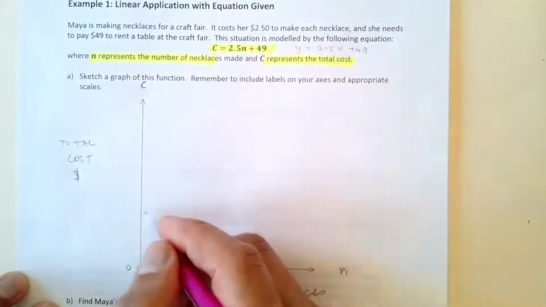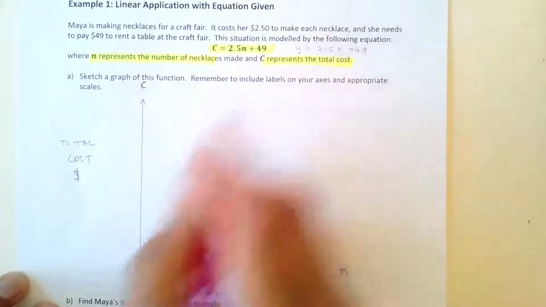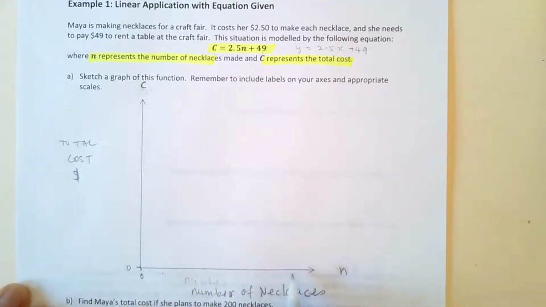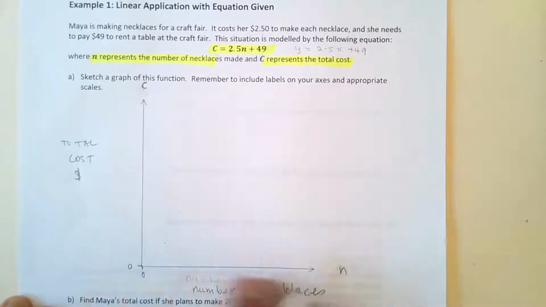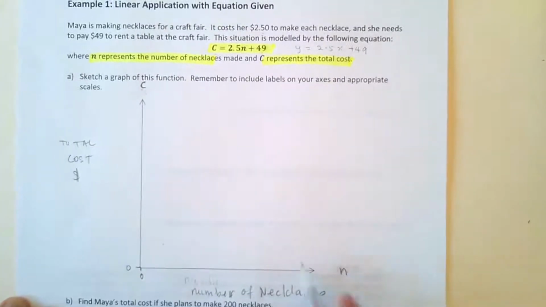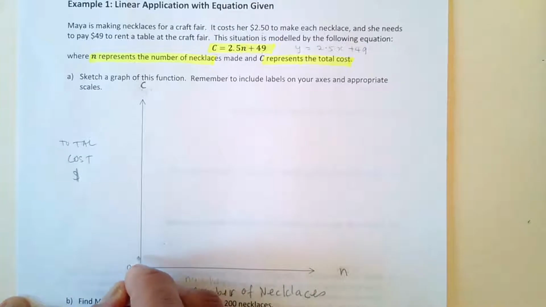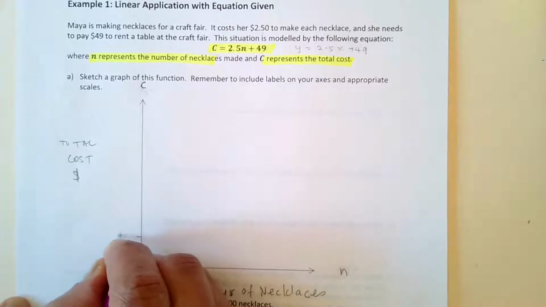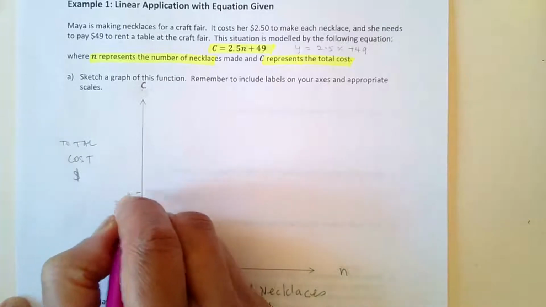And this graph is increasing, so it's going upwards, because the slope here is positive. Now we have 49, so the number of necklaces will range. We don't know what the graph range or domain will look like, but I'm going to estimate. Because the initial cost is $49, let's make this 10, going up by increments of 10, in dollars.